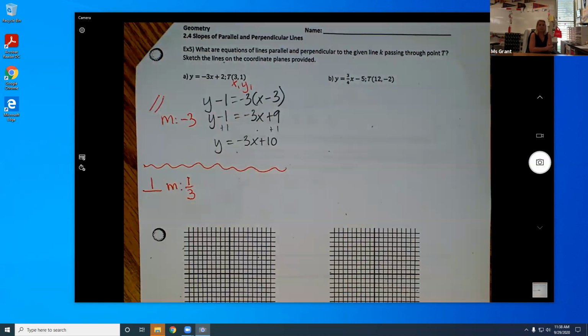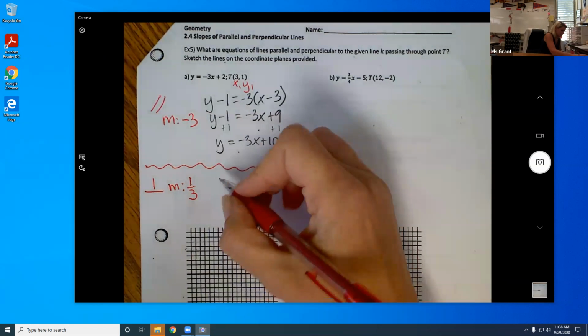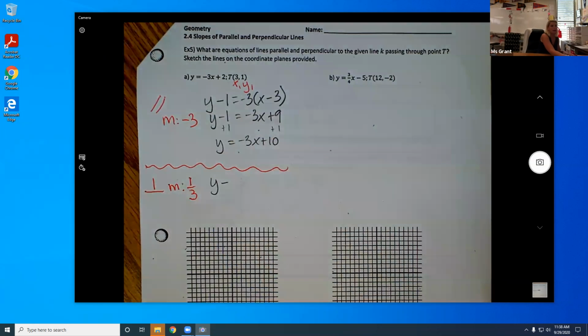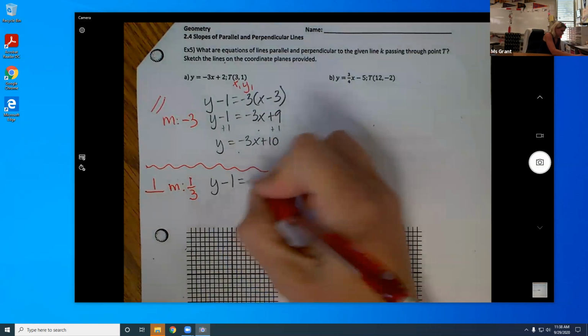So that's what I got for my parallel. Perpendicular is going to use the same point, 3, 1.